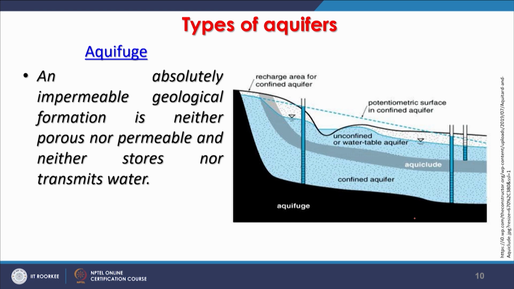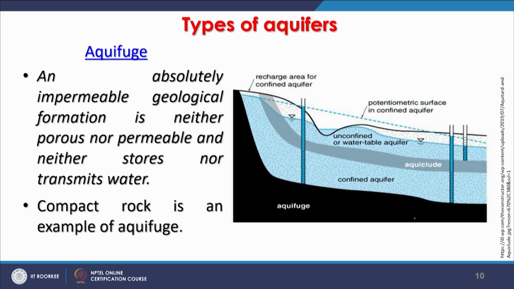Such geologic formations in subsurface conditions are called aquifuges. Nothing can happen. You can take fuse from electrical engineering or electronics, the same word is here: fuse, no connectivity. So, compact rock is an example of aquifuge, typical hard rocks like batholith or granite.